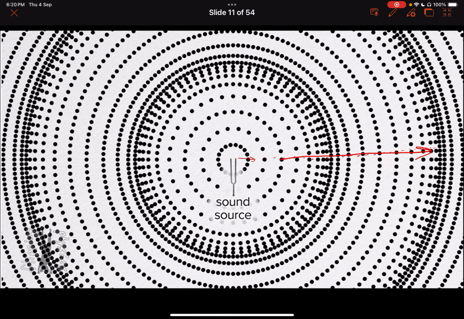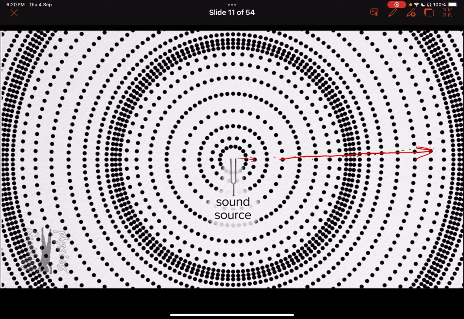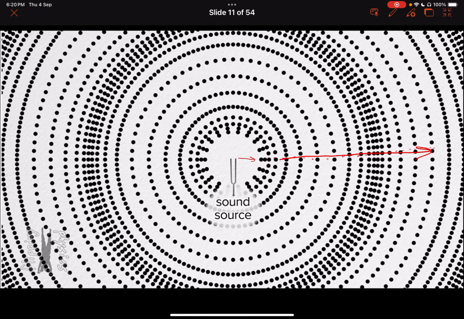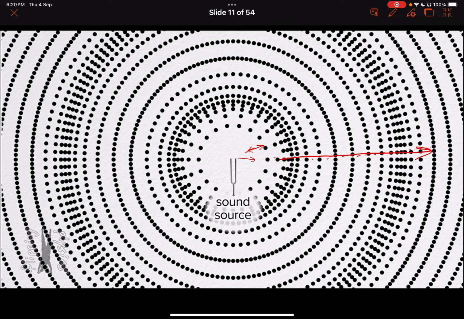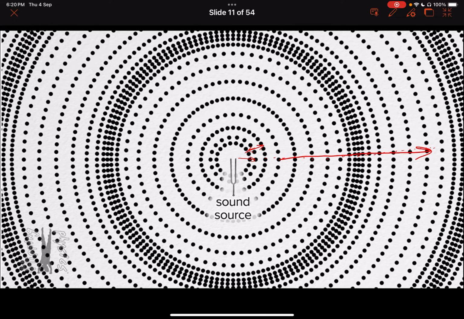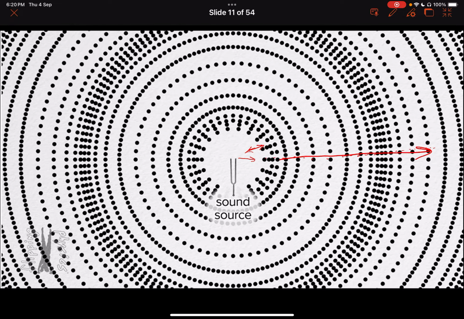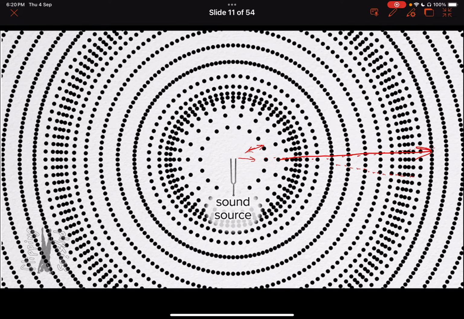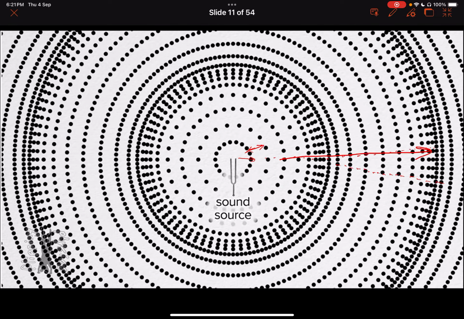This moving across is really the transfer of energy, and each of the particles is actually just moving parallel to the wave direction, but they don't actually travel with the wave. You can see again this series of compressions just moving across this medium.